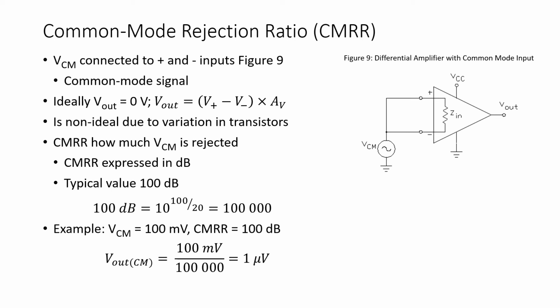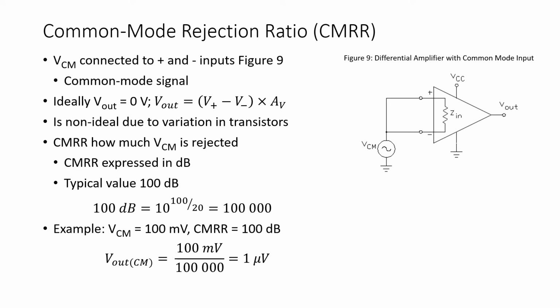To change 100 decibels back to a ratio, we would take 10 raised to the 100 divided by 20 power, going back to our conversations on expressing gain or loss in decibels, which would give us a common mode rejection ratio of 100,000.